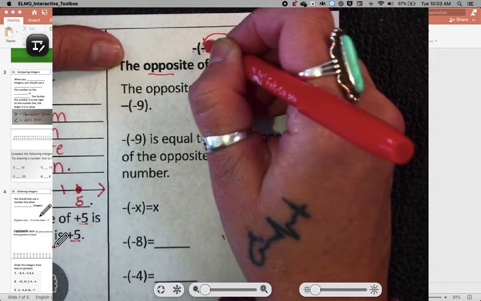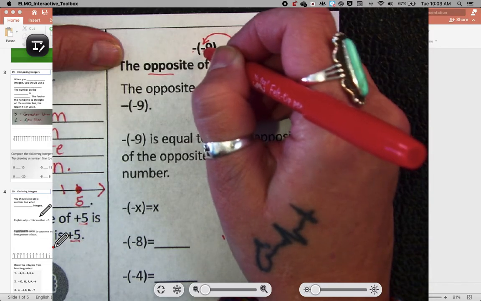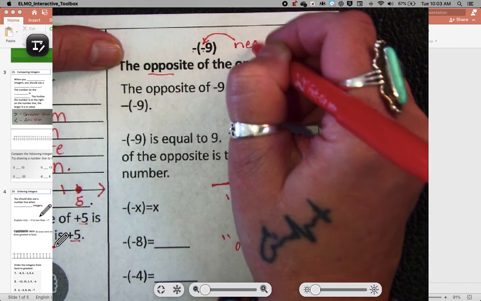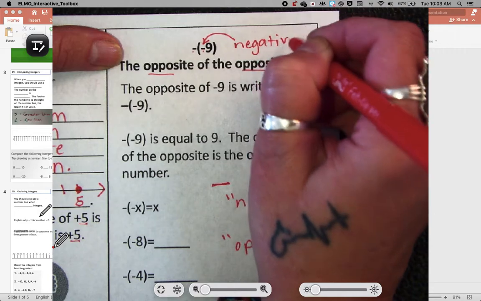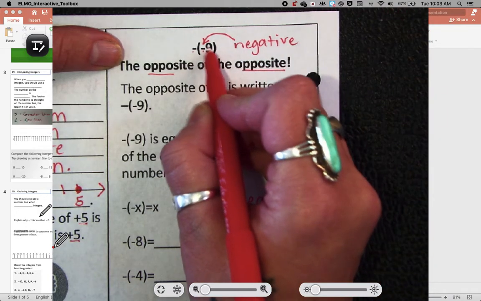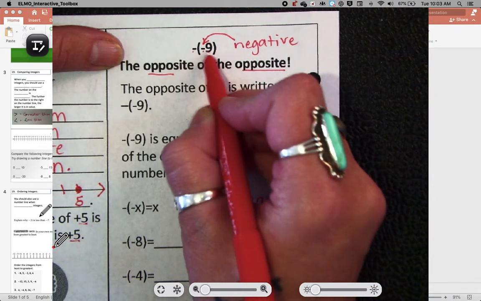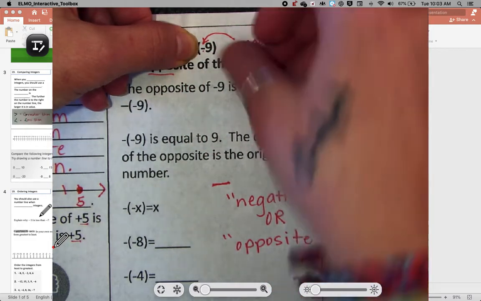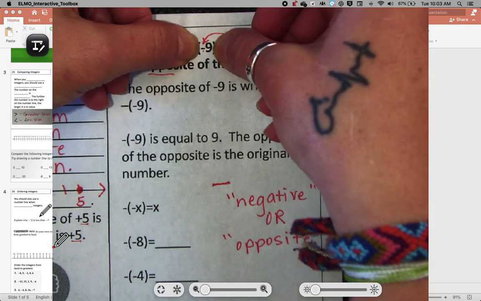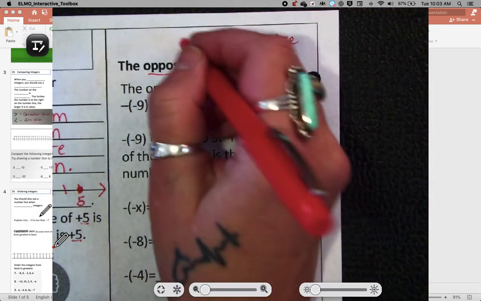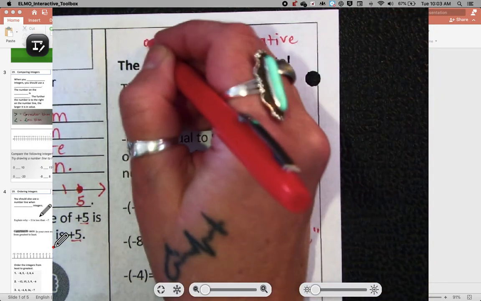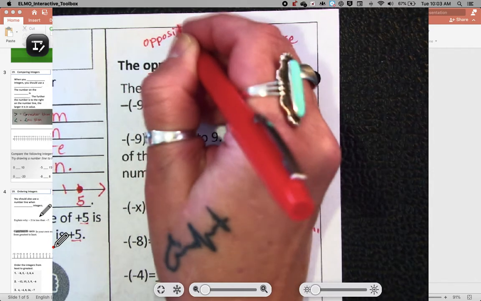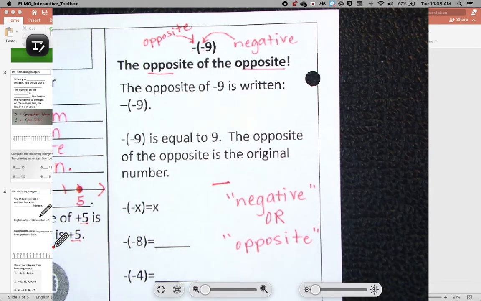For the negative sign that is inside the parentheses, use the word negative. So for the sign that's there with the number, just say -9. Okay? Anything outside of the parentheses, we're going to use the word opposite.